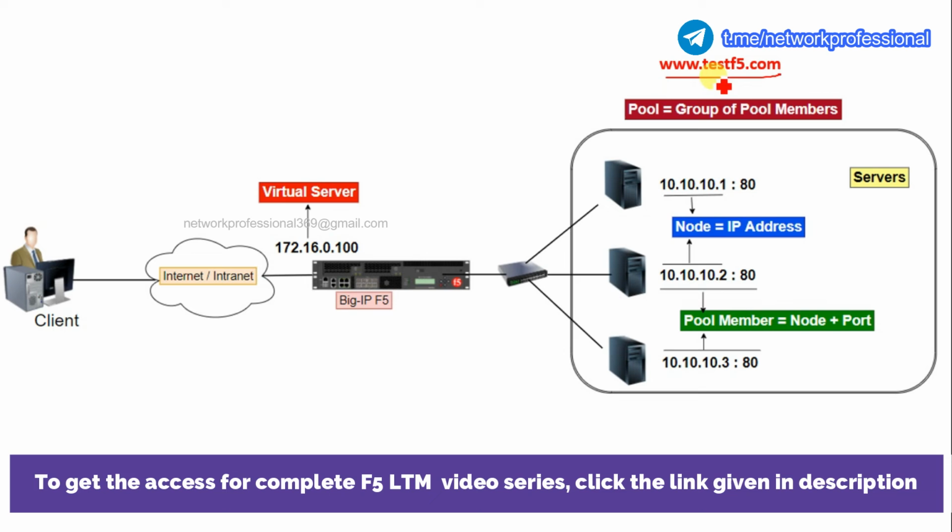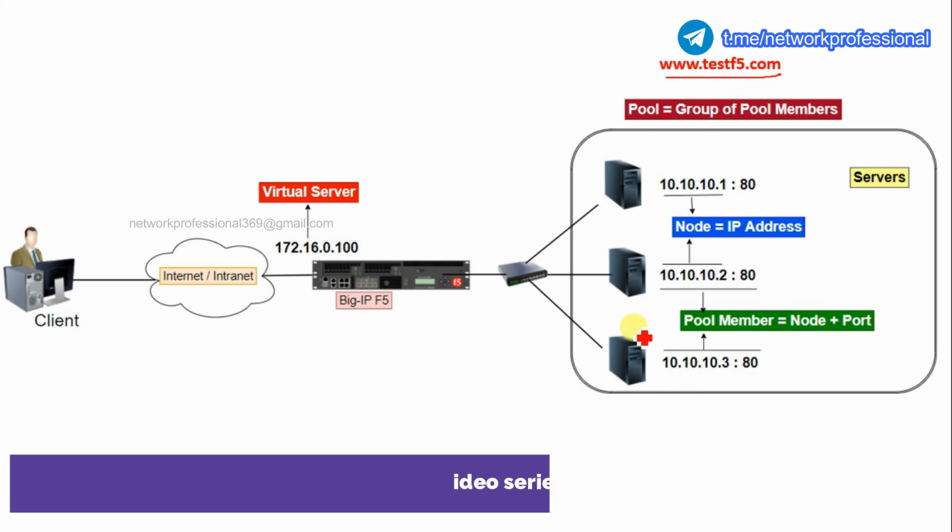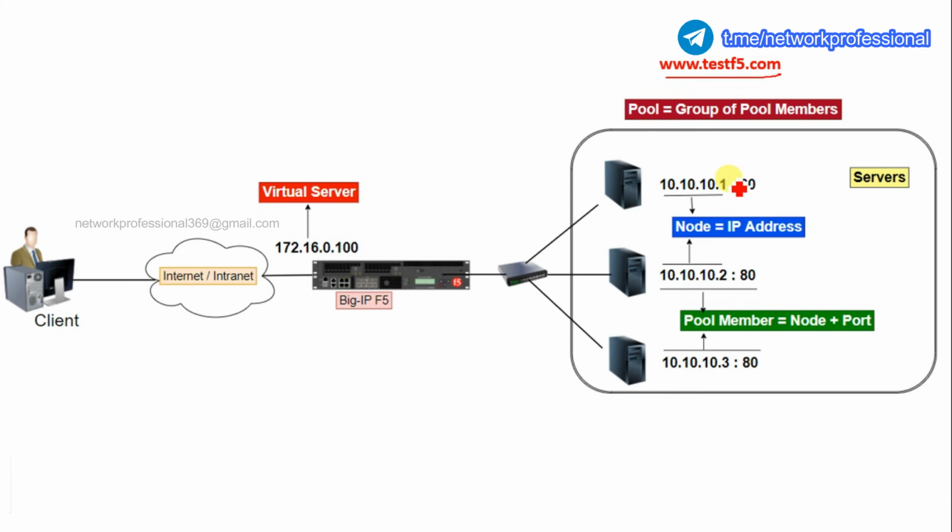As we discussed earlier, testfi.com is an application that is running on three physical hardware servers, three nodes, with service port 80. Okay, and they form an HTTP pool for testfi.com. And they are behind the F5. So a virtual server is a logical or proxy server which is created in the F5 on behalf of the original application server.